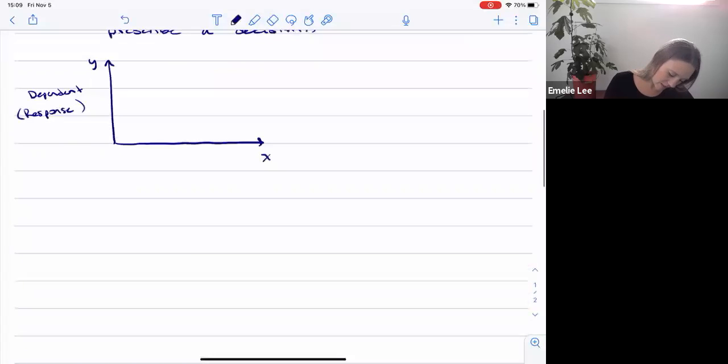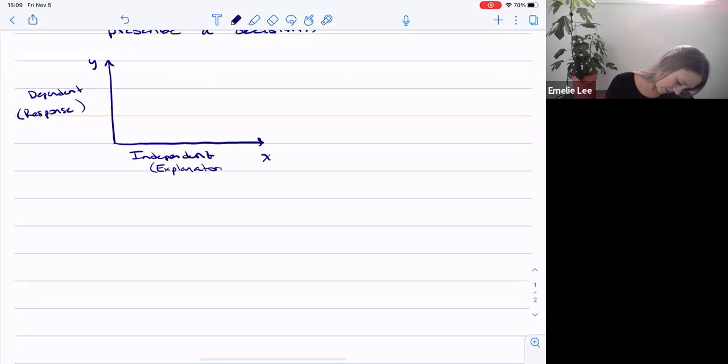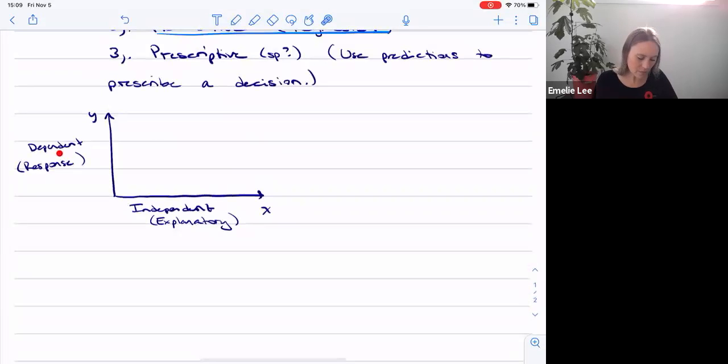On the x-axis, you've got your independent variable, or the explanatory variable, as I like to call it, because it emphasizes that the x-axis has the explanatory variable. In general, we're going to build some model.